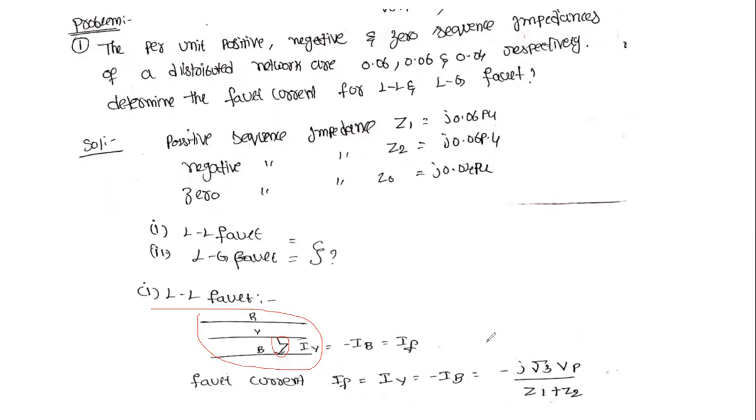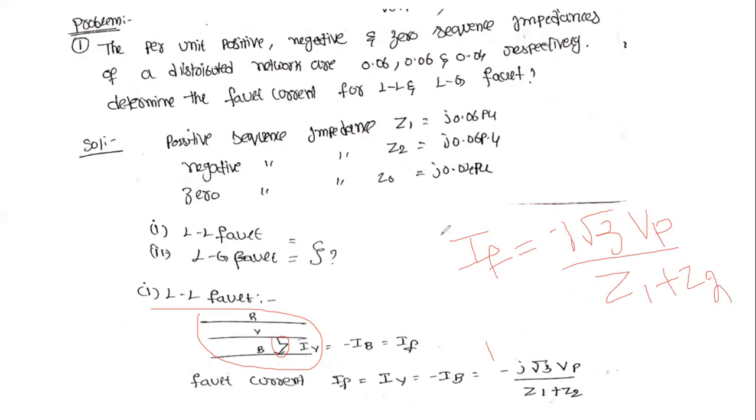Okay, therefore, when the fault is obtained between phase to phase or line to line, that is Y to B, the formula for calculating the fault current is j root 3 V phase by Z1 plus Z2.